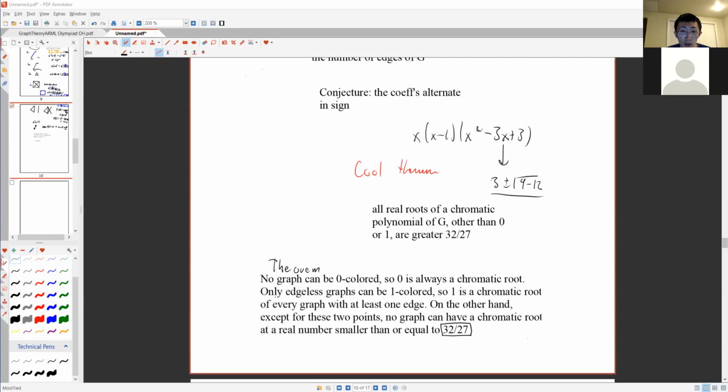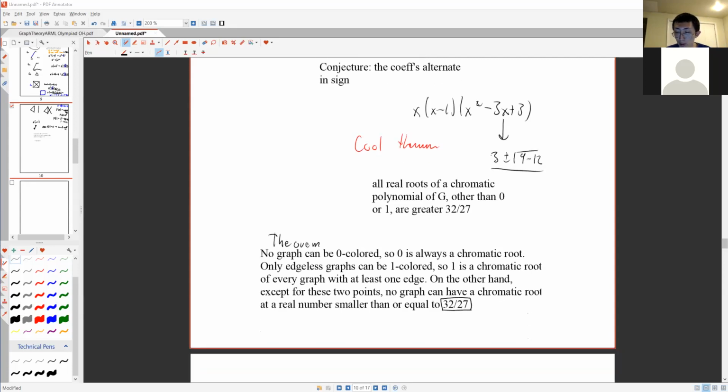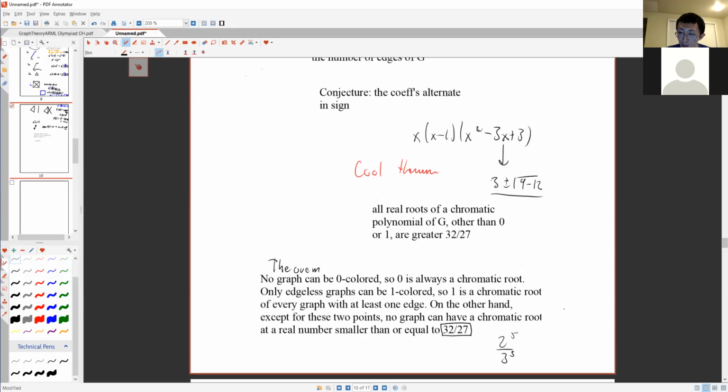It doesn't say anything about the non-real roots, but the real roots seem to satisfy this theorem. Maybe it comes from 2 to the 5th over 3 cubed. I haven't read enough into the literature to know why this is true, but I've heard it from multiple sources. So, I have good confidence that it is true.